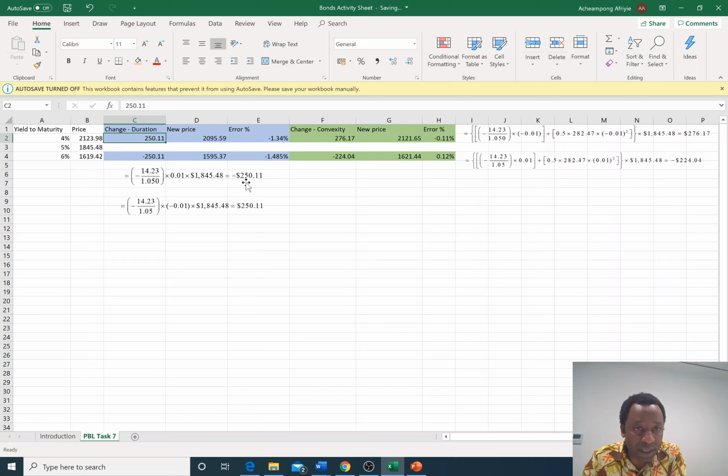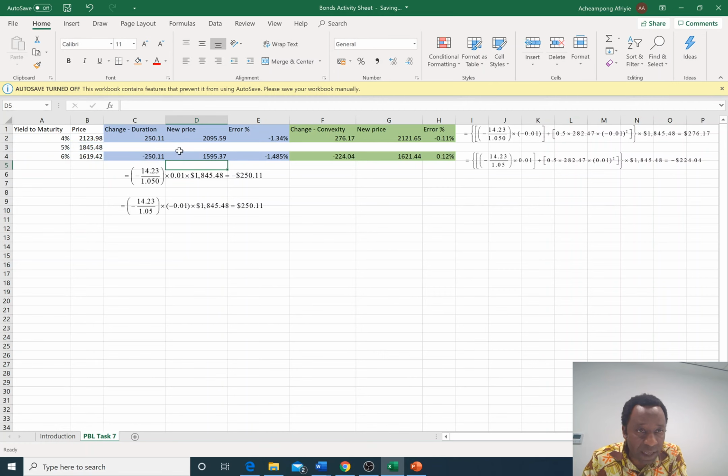So that will give us 250.11 if the yield goes up to 6%, that's the figure there. So if that is the case, then we are simply adding this negative figure to that, which will give us a smaller value, right?